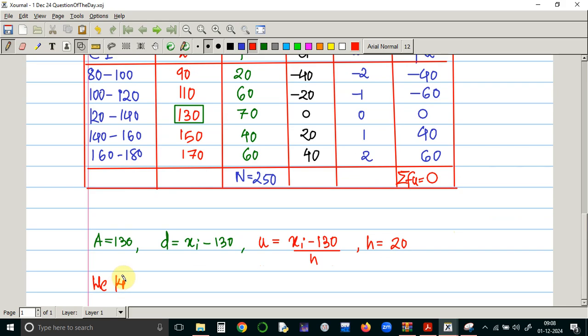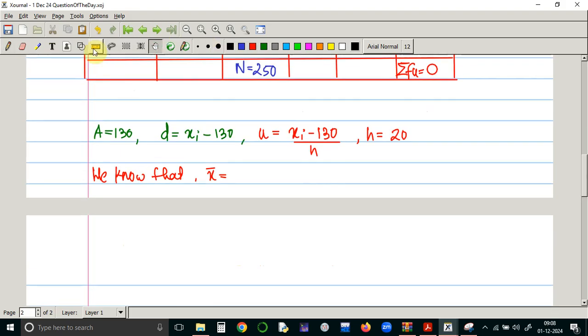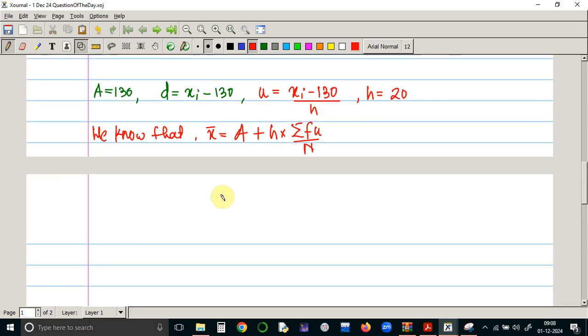Now we know that for the step deviation method, the formula for mean x bar is a, the assumed mean, plus h into summation of fu divided by capital N. Now we have all the values.